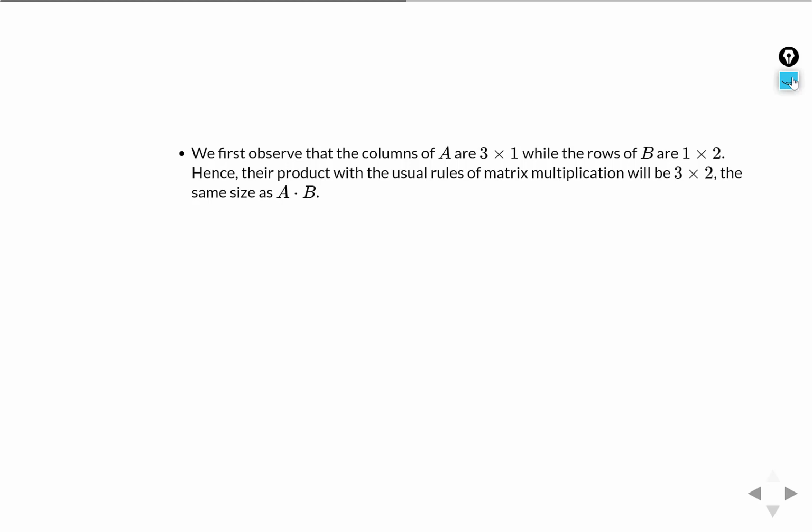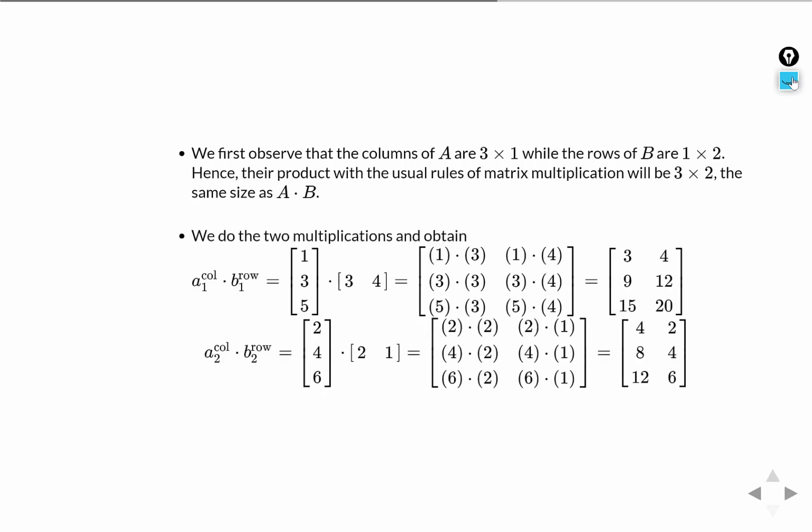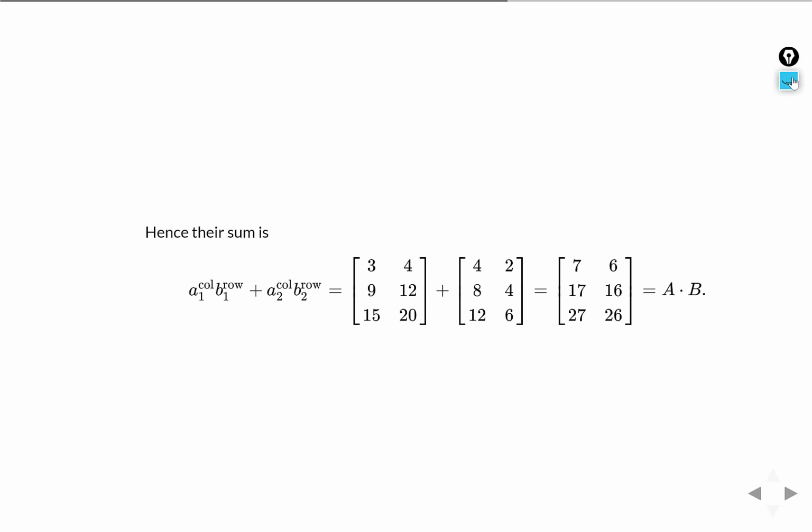The product is defined, and it's a 3 by 2 matrix, the same size as A times B. If we multiply the first column of A by the first row of B, we get one 3 by 2 matrix. Similarly, if we multiply the second column of A by the second row of B, we get another 3 by 2 matrix.